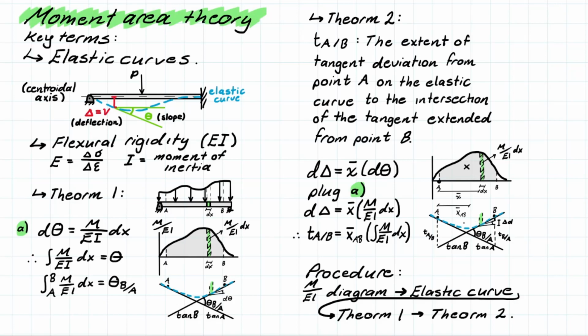Now, in a similar way, we already solved that the change in slope equals the area under the M over EI curve, so we can plug that in to our formula. And then once again, going to a point-to-point basis, we consider from point A to point B.